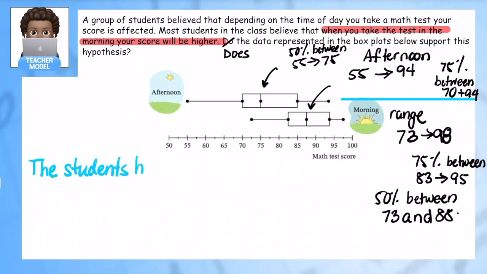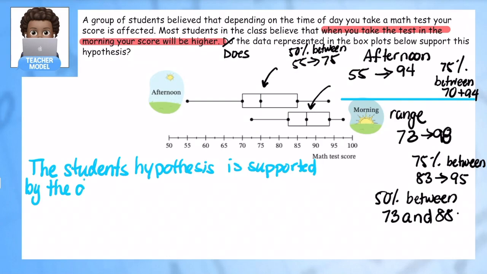The students' hypothesis is supported by the data.